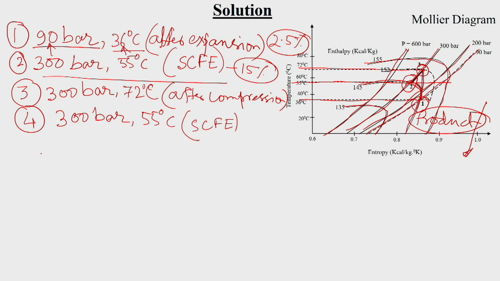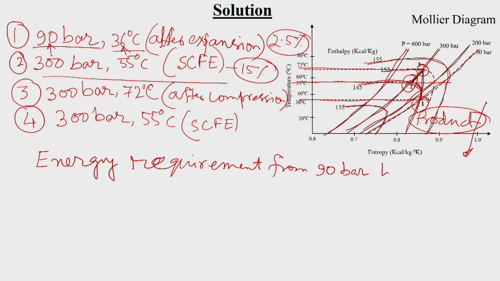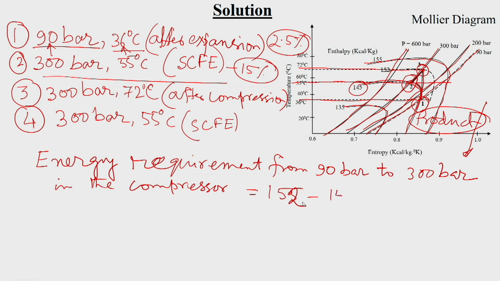Then the energy requirement for the compression from point 1 to 3, from 90 bar to 300 bar in the compressor, is equal to 155 minus 145 kilocalorie per kg, which comes out as 7 kilocalorie per kg.